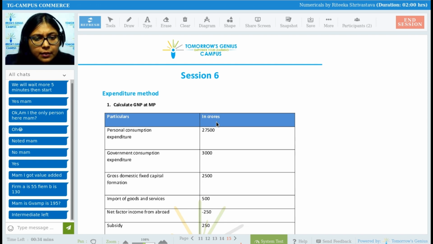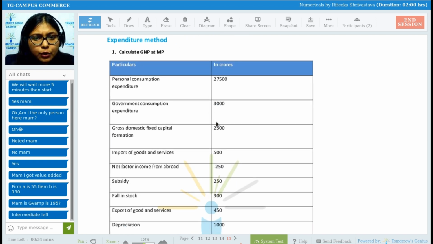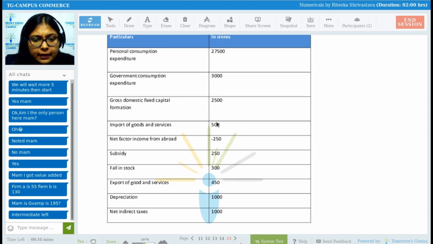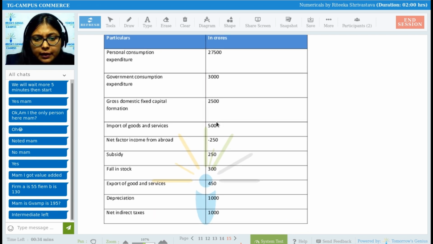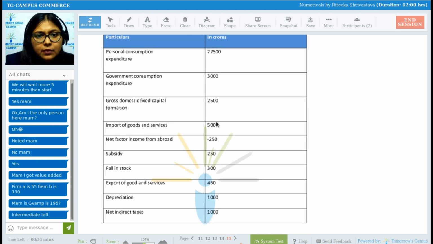Next one. Calculate GNP at MP. So you have to calculate and write it here. First of all, we are doing the expenditure method.